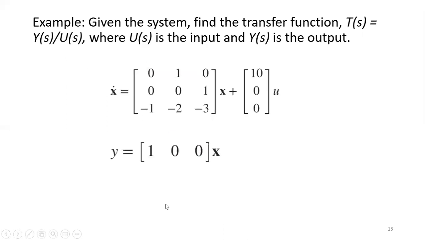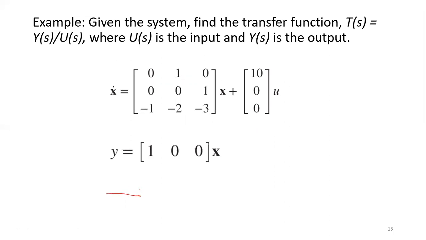Given the following system, find the transfer function T(s), which equals Y, the output, over U, the input. So we need to transform these state space equations into a transfer function.